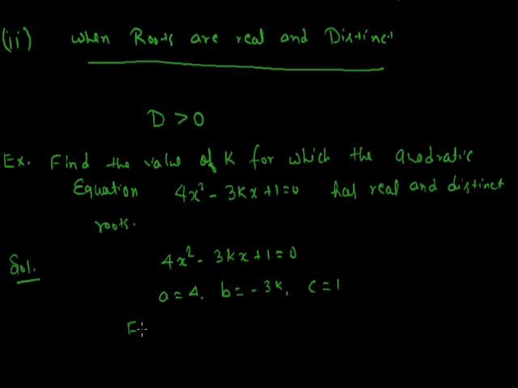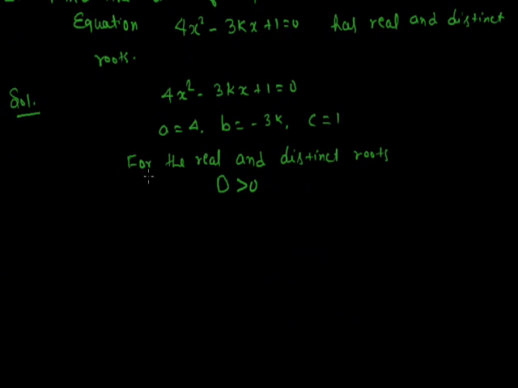Now for the real and distinct roots, D will be greater than 0, or we can say (minus 3k) whole square minus 4, a is 4 and c is 1, greater than 0.